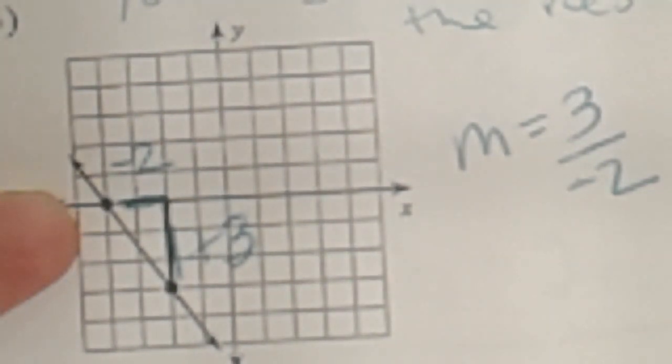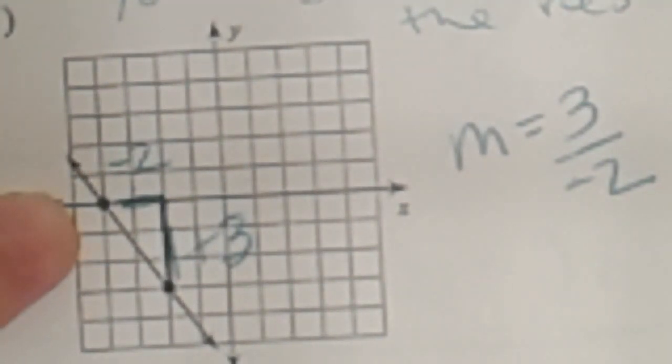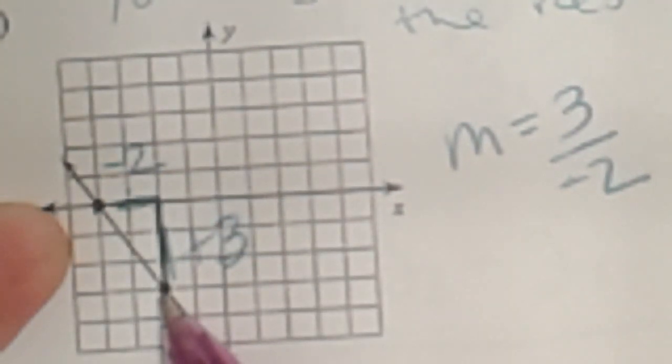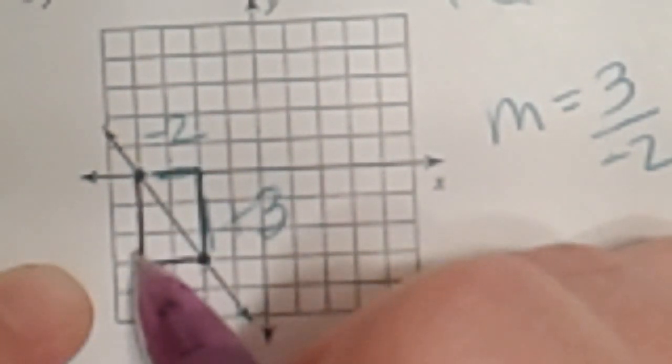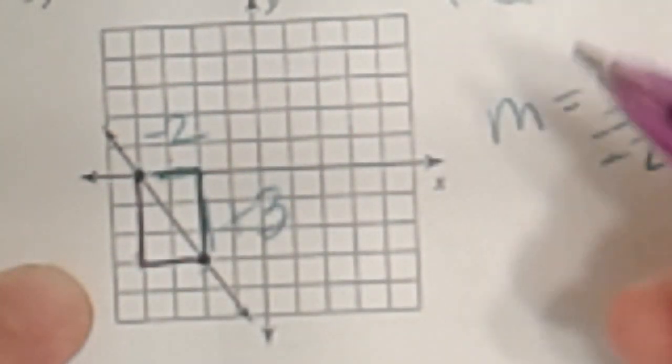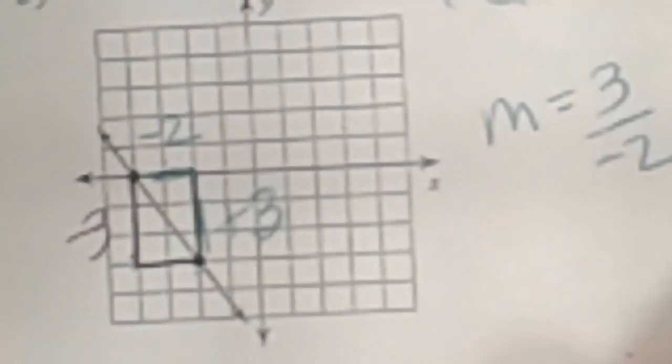Okay, is there another way that I could have done this one too? Could I have gone the other way? Could I have gone from this point to this point? Yeah, I could have. So in that case, how many did I fall? Because I fell how many? 3. Good. And is that a positive motion or a negative motion? That's a negative motion.